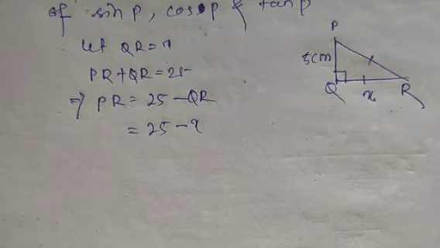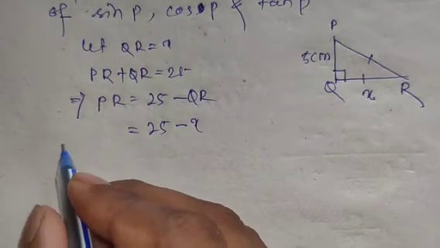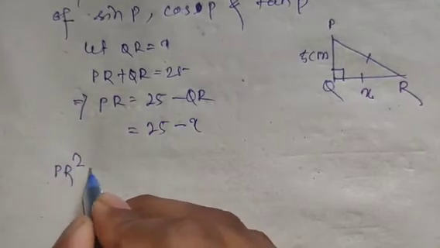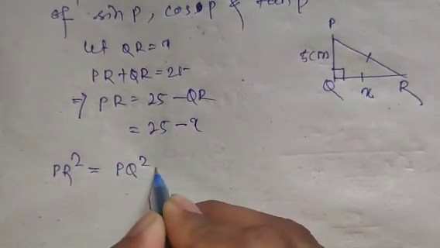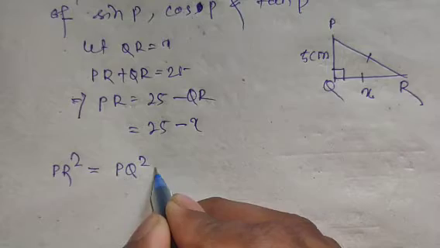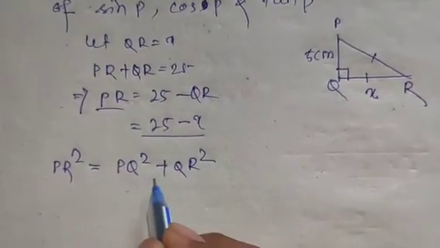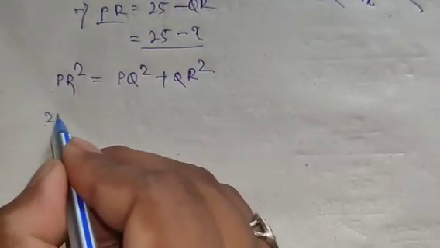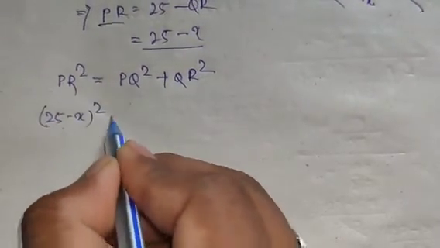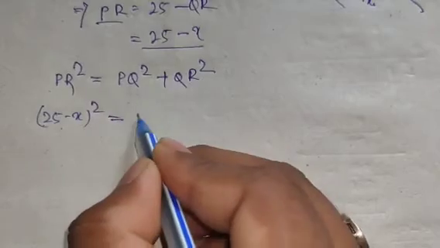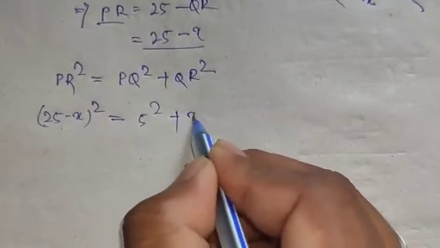By applying Pythagoras theorem, PR square is equal to PQ square plus QR square. So here PR is 25 minus x, so 25 minus x whole square is equal to PQ square, that means 5 square plus x square.